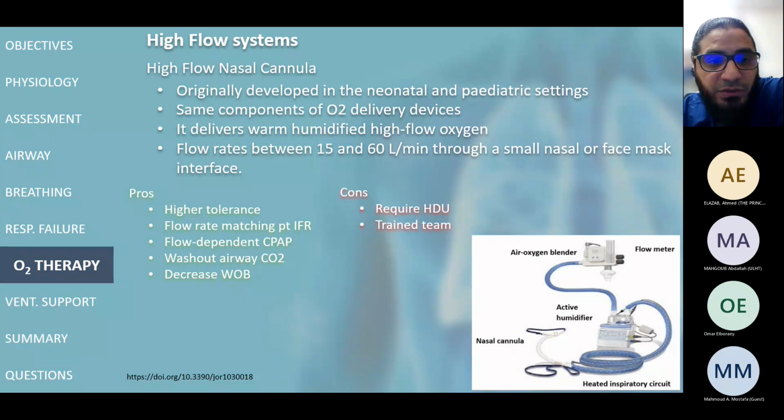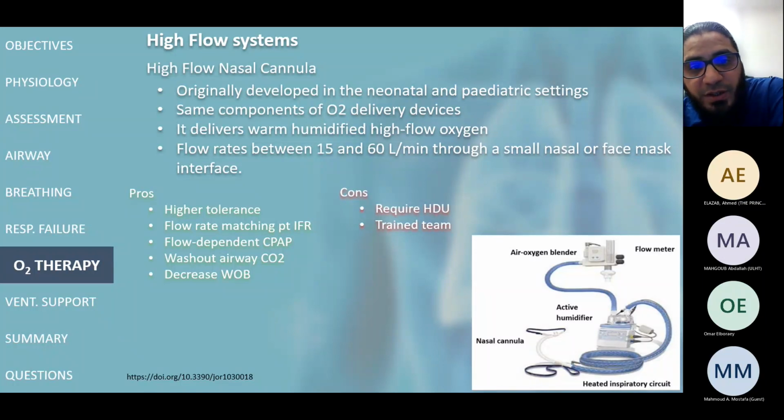So the main advantage of these devices is that they give a very, very high flow rate, up to 60 liters per minute. And with this very high flow rate, it's well tolerated because the air goes through a humidifier and it will be warm air, so the patient will tolerate this much better.